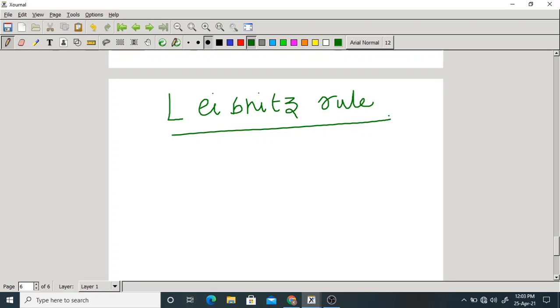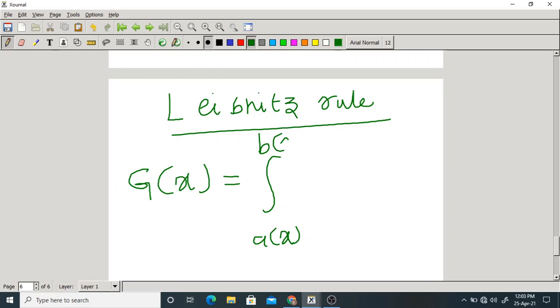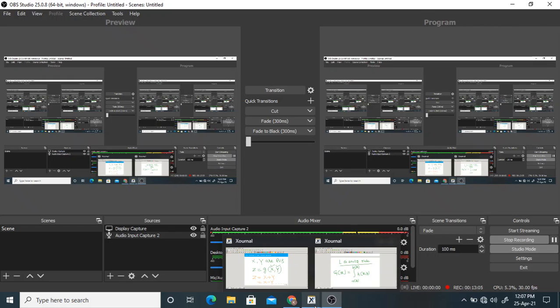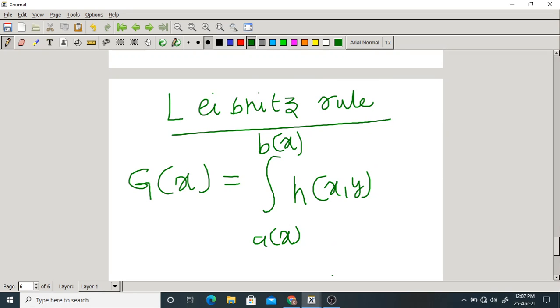Suppose g of x is given as the integral from a of x to b of x of h of x comma y. If we apply this rule, let me write it. It is very simple.